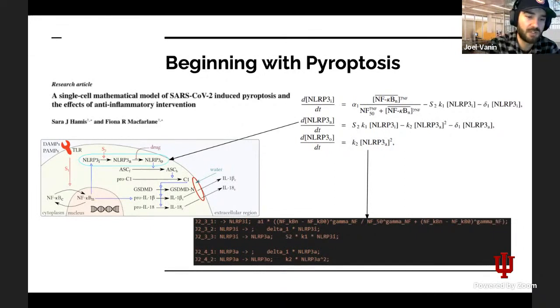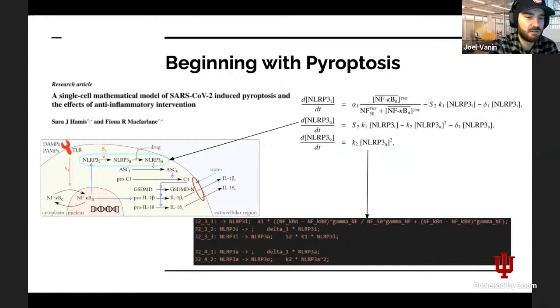And on the bottom, you see a specific type of coding called Antimony, which works better in representing models in the community of BioModels. This is the type of language that we use, and it's easy even for us to understand. For example, on J231, we can see nothing and then an arrow, and then it goes to NLRP3I.